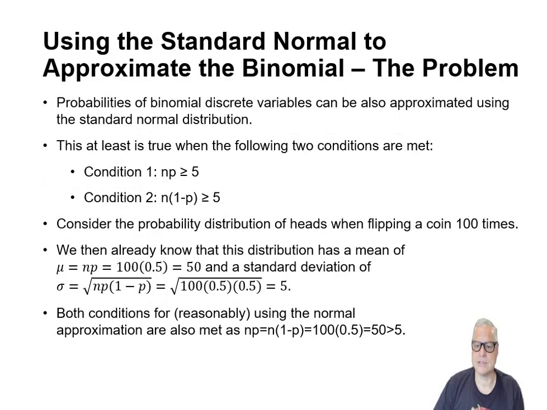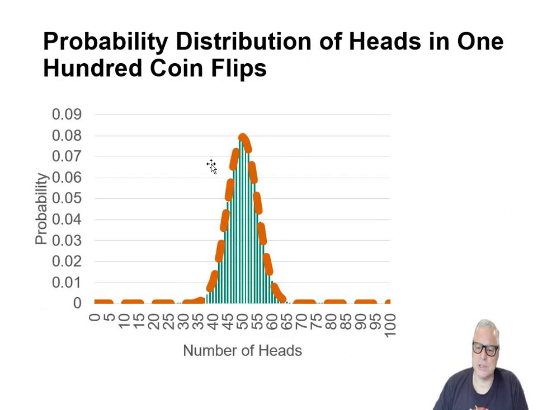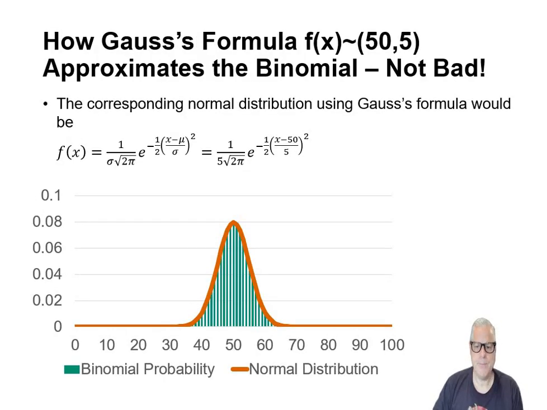Okay, so let's go back again to the slide. We started out with introducing the conditions that need to be met: n times p needs to be 5 or greater, and n times the failure probability needs to be 5 or greater. Then we looked again at what the real binomial distribution would look like, and we can see that it looks pretty much like a normal. Then we used the Excel command NORM.DIST with a mean of 50 and a standard deviation of 5.